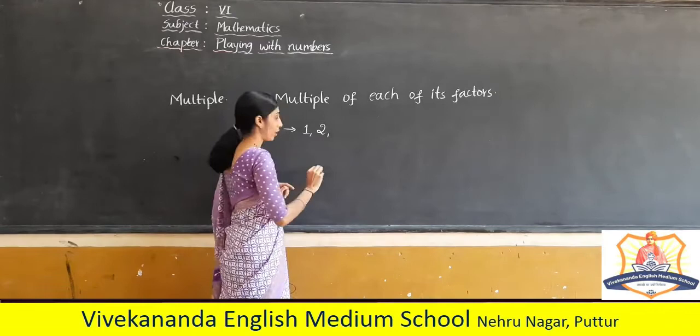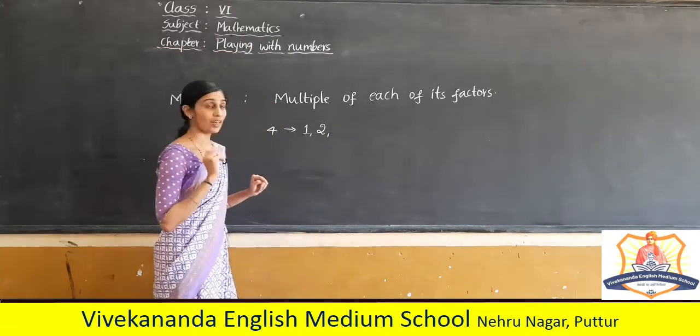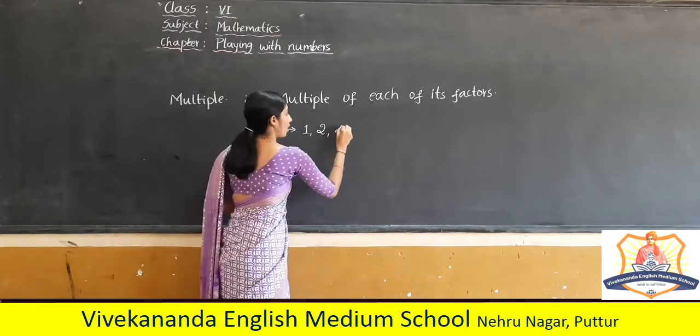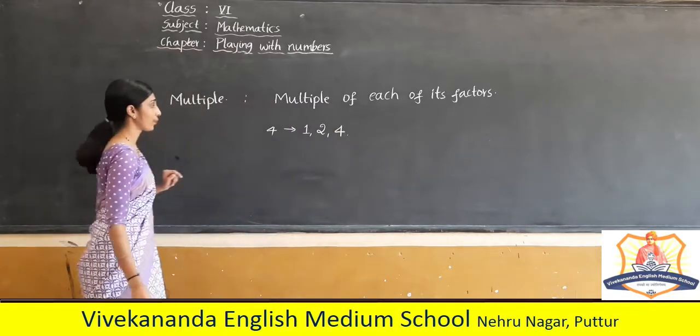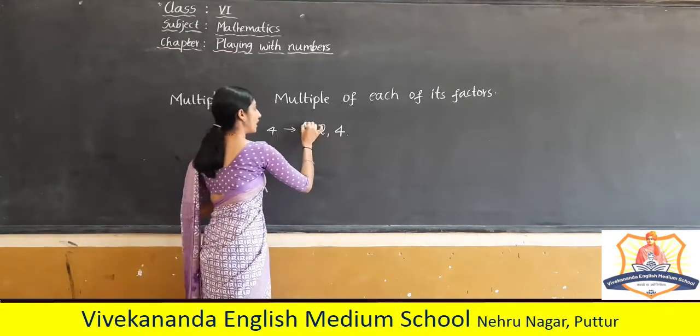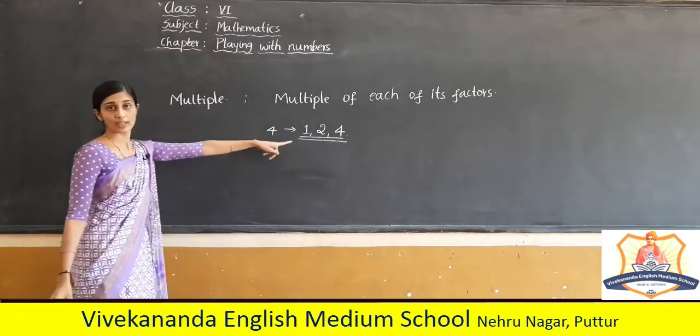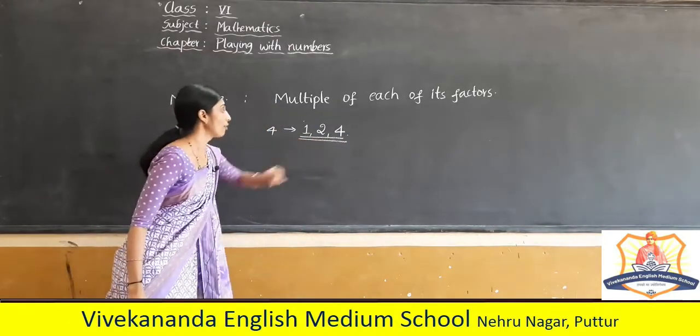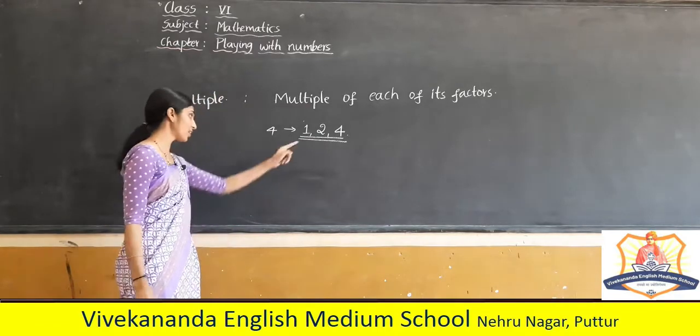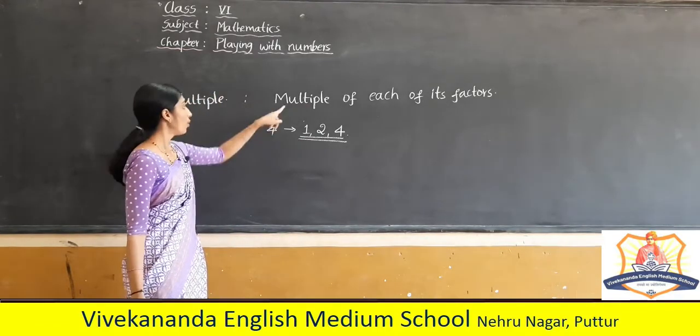Next, 3 cannot, because we will get a remainder of one. Next is 4. Am I right? 1, 2 and 4 are the factors of 4.